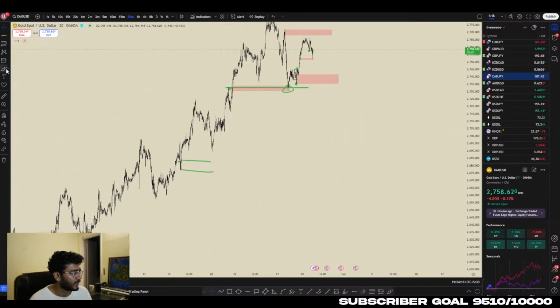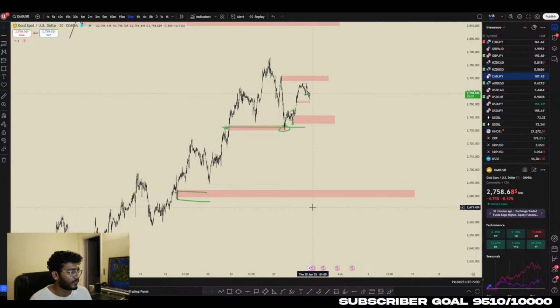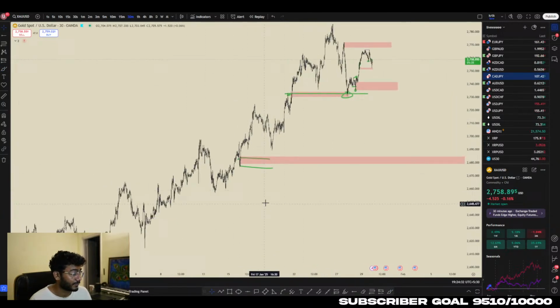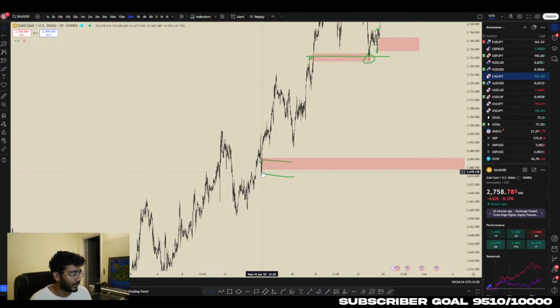In future, if there is news, for example FOMC, and price falls to the downside, then it will reject from these order blocks because there are a lot of orders left over here.